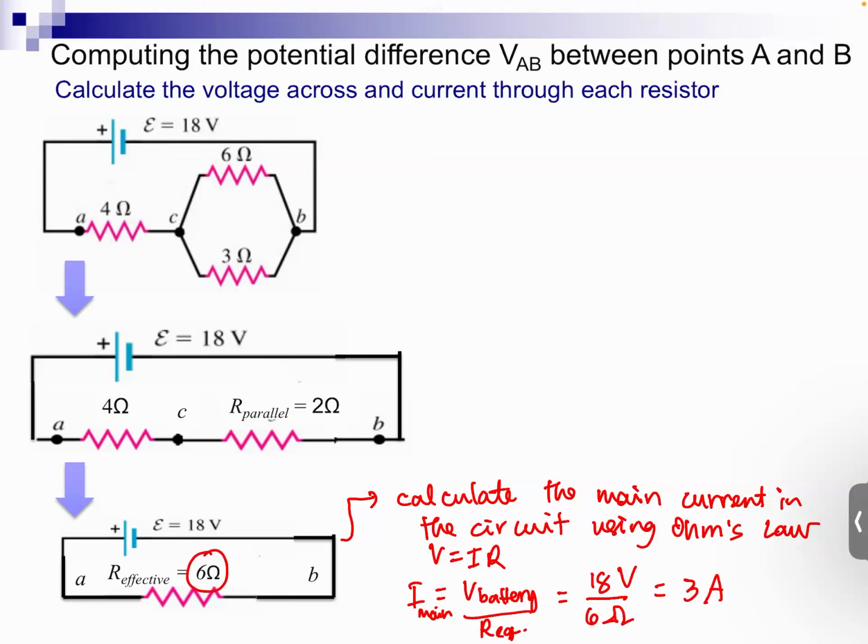Hence, you have a 3 amp current flowing through the whole of your circuit, from the positive terminal to the negative terminal of the battery.